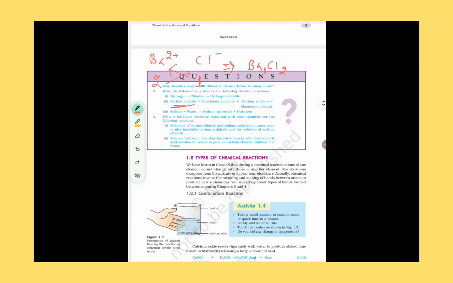If 1 is there, we can remove it while writing the final formula. So this will become BaCl2. This is how you can write BaCl2. The formula will become BaCl2 for barium chloride. So those who are finding difficulties with these, be careful, huh? चलिए, we'll write this equation.